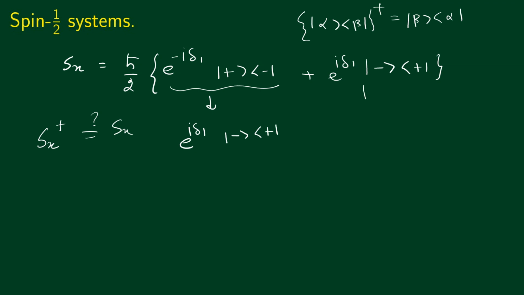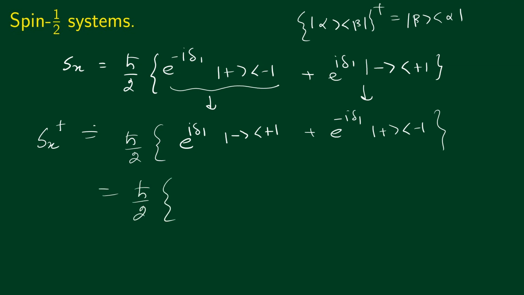Okay, what happens to this term when I take the Hermitian conjugate? This becomes e raised to minus I delta 1, ket plus bra minus, again using this rule. So let's find Sx dagger. Sx dagger is h bar divided by 2 multiplied by this. Now we can just rearrange this. I can write this term first.